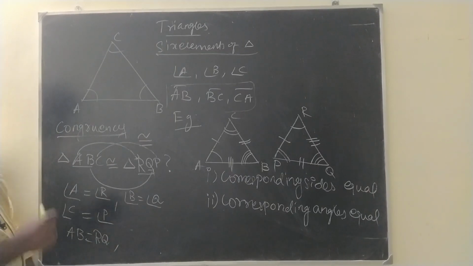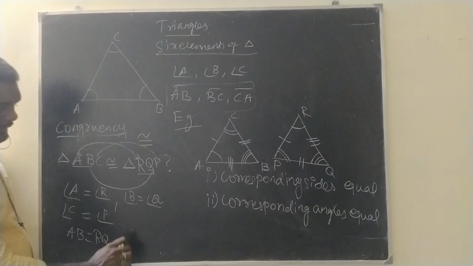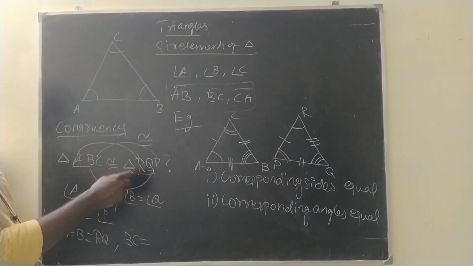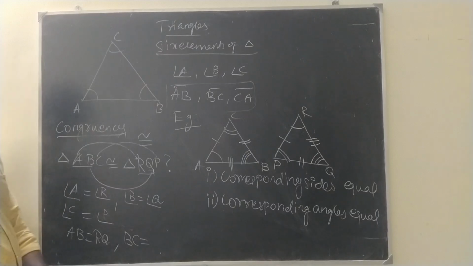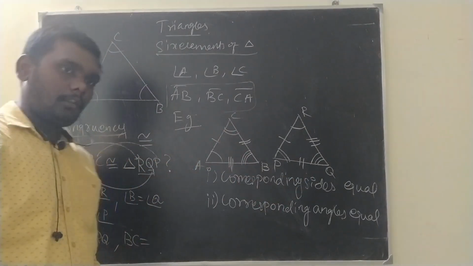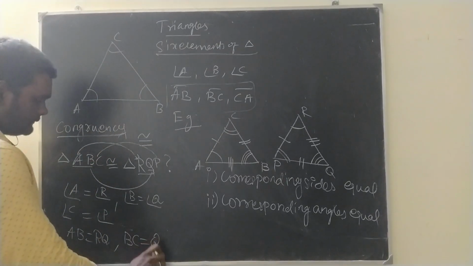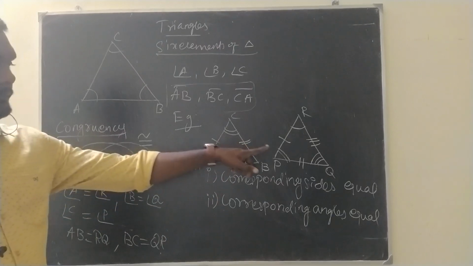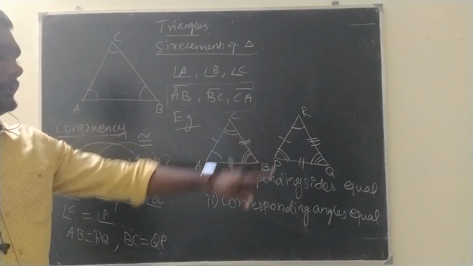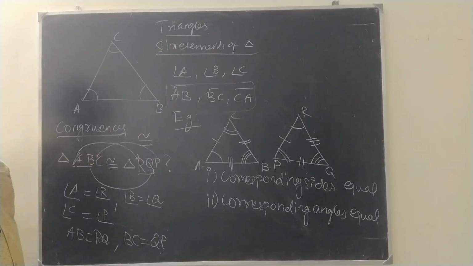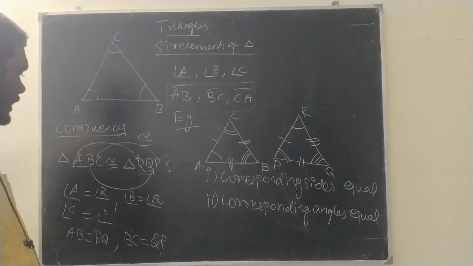And the next, BC is equal to QP. Is it or not? BC is equal to QP. And the other one: AB, BC I said, and then AC is equal to RP.